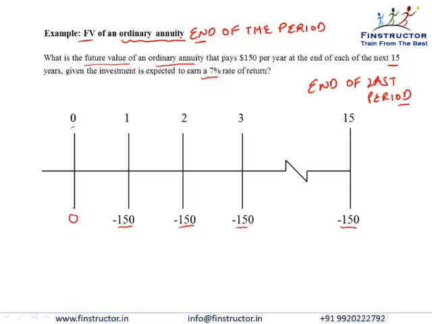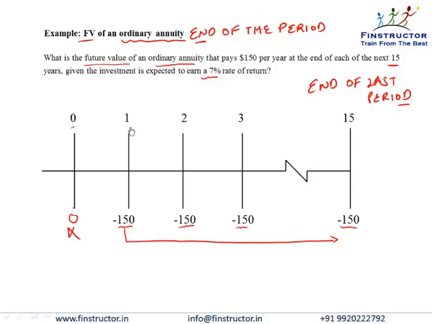Now a good method would be to see the 15 payments one at a time, compute the future value of each payment, and sum them all up to get to the future value of my annuity. So what will be the future value of the first payment of $150? Please note that this $150 is not coming at t equal to 0.